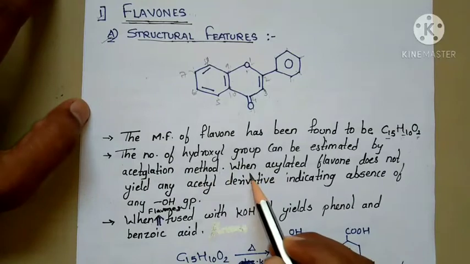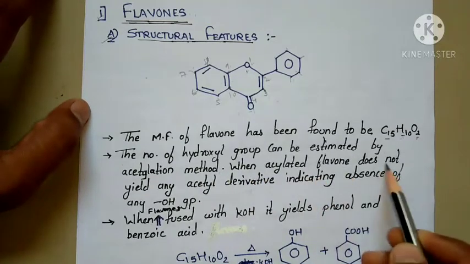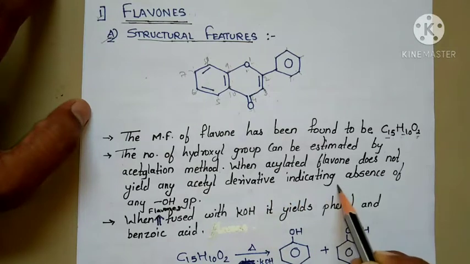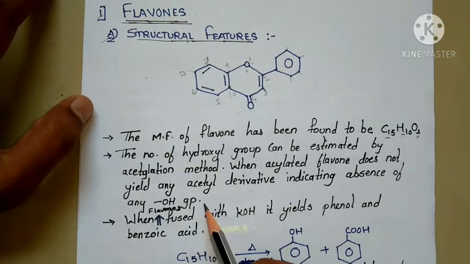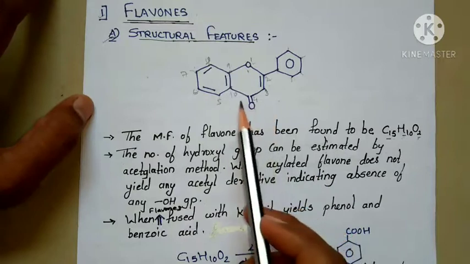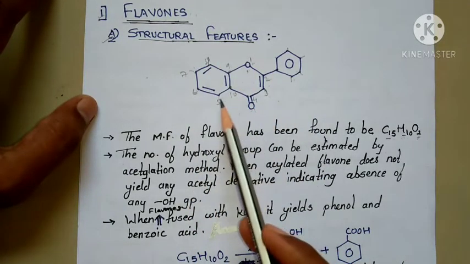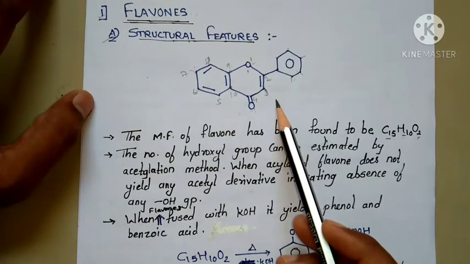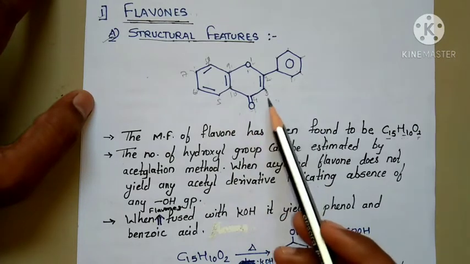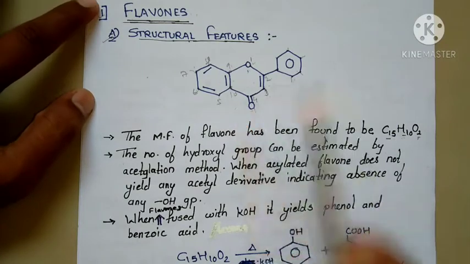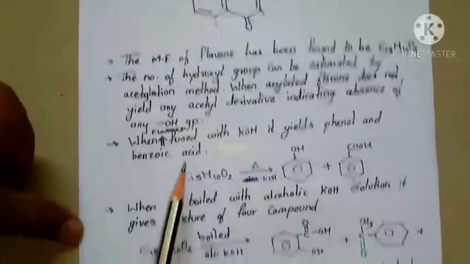Remember this: acetylated flavones do not yield any acetyl derivative, indicating absence of any OH group. So the flavone structure does not have a hydroxyl group, which means acetylation cannot be done on flavones.